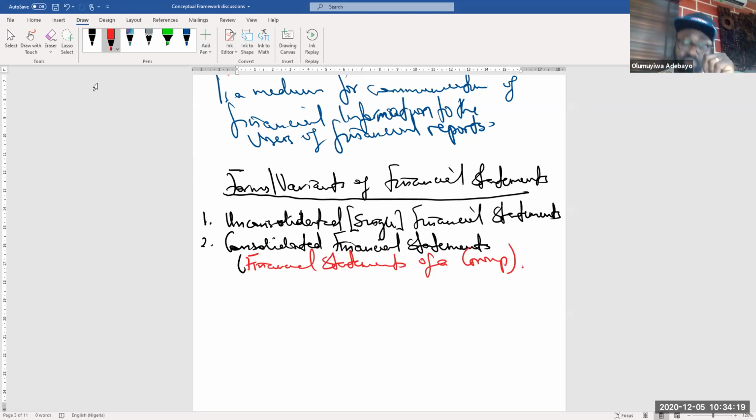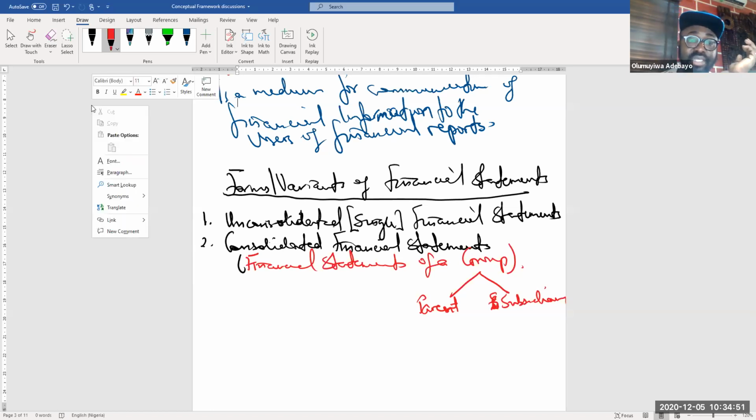Now, financial statement of a group implies that this is a financial statement of at least two entities, if not more than two, that constitute a group. And the word group means that it comprises an entity known as the parent and an entity known as the subsidiary. And we're going to see that later.